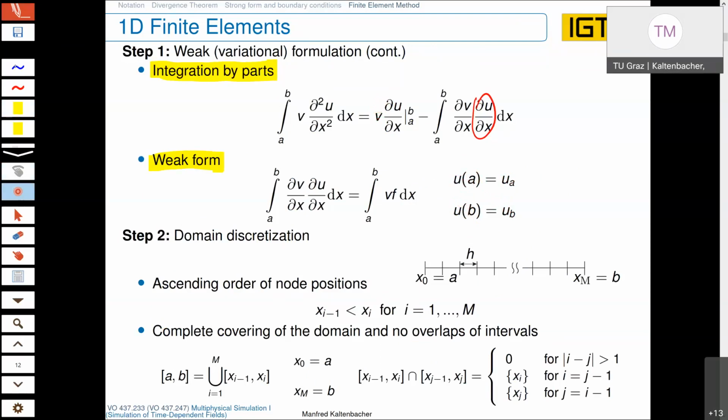Since this is 0, the whole term here is 0, and this term doesn't pop up in the weak formulation.